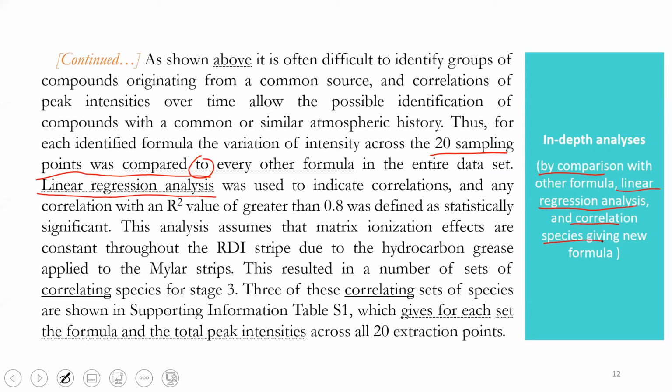You see the result in a number of correlating species. There are three of these correlating series in the supplemental, which gives the formula. So all this just repeats what they did, like an extension to show you how they are related.